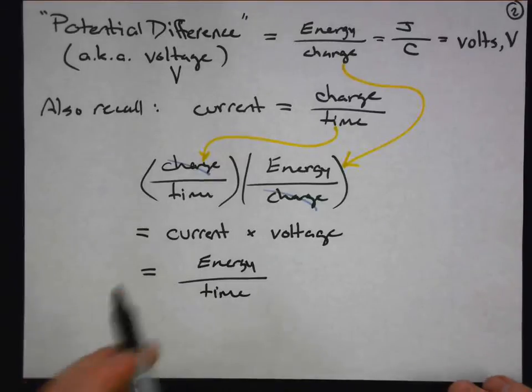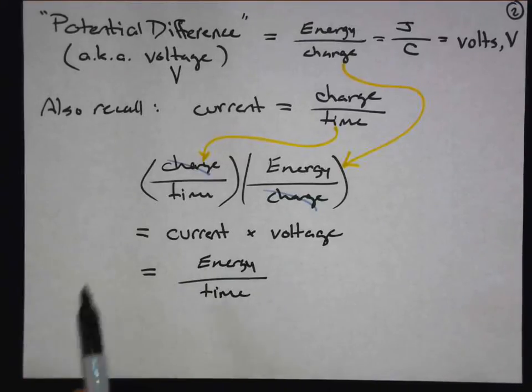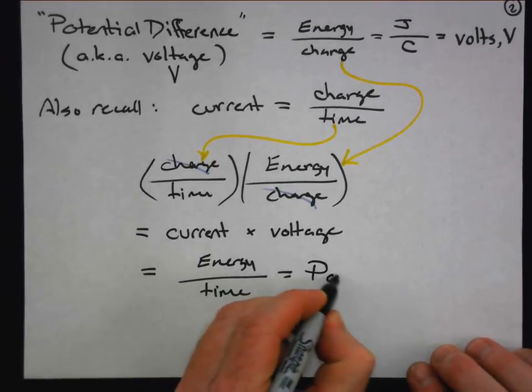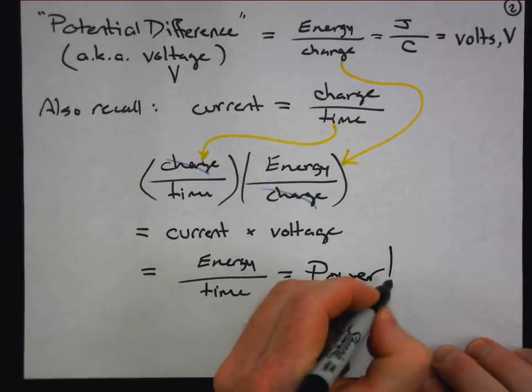So essentially, this is how much energy the circuit is using per time, right? It's the rate of energy usage. Well, there's another name for that, and that is electric power.